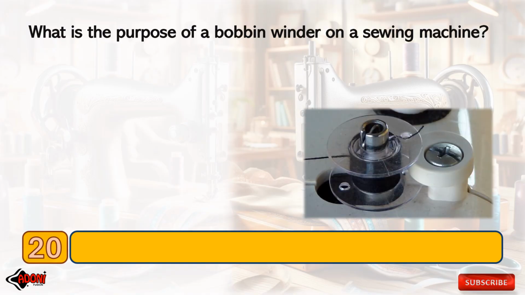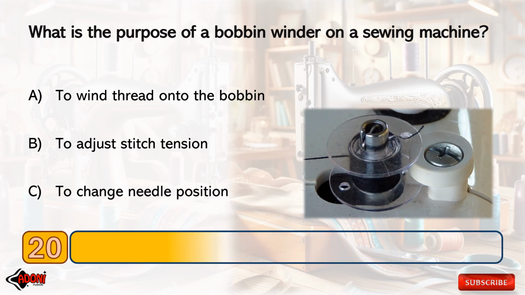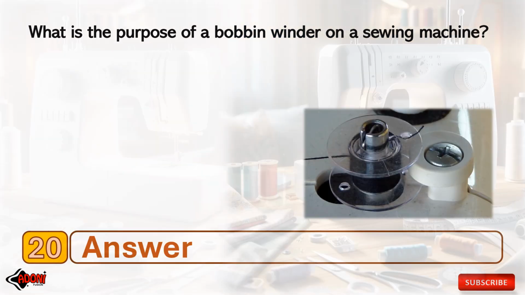What is the purpose of a bobbin winder on a sewing machine? To wind thread onto the bobbin? To adjust stitch tension? To change needle position? The answer is to wind thread onto the bobbin.